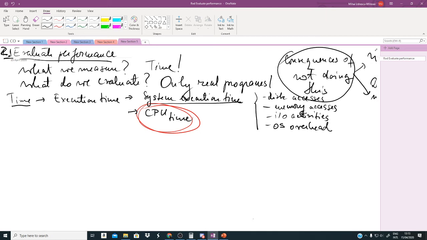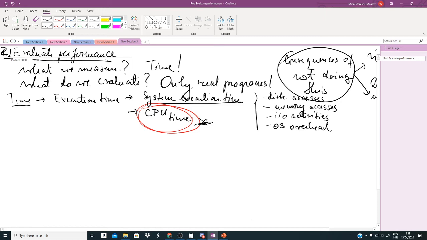So you want to standardize, in one way or another, the way that you are measuring the CPU time, which is actually the best indicator.